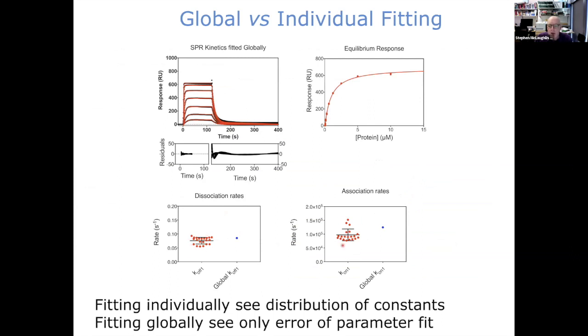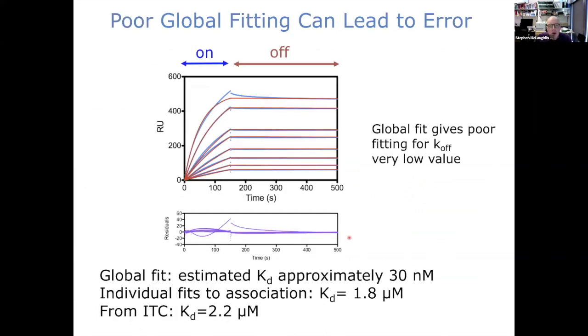Looking at the statistics, it looks like this on rate doesn't really represent the average of the on rates if you fit individually. Why is that? You need to go and have a look at that. Sometimes you can get it wrong by globally fitting. I mentioned this in the SPR lecture, where globally fitting the on and off rate gave very, very poor fitting values.